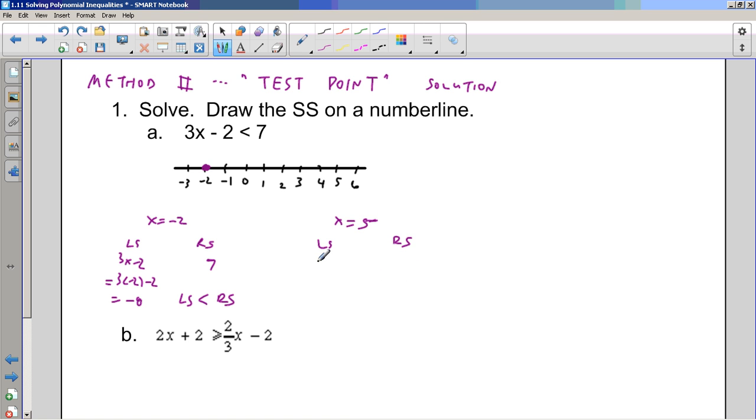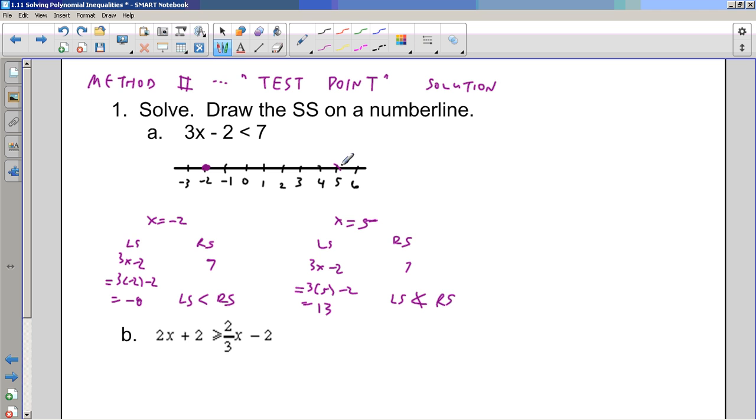I get the left side, 3 times 5 is 15 minus 2 is 13, and the right side is 7. The left side is not less than the right side.